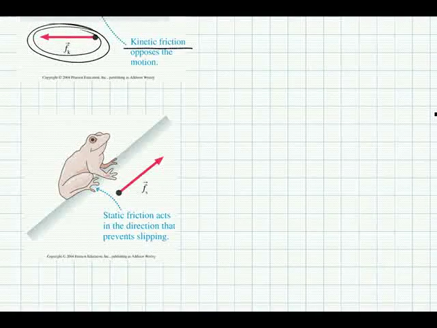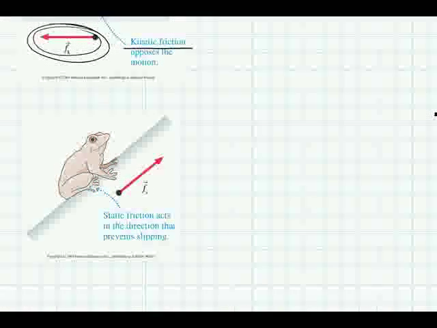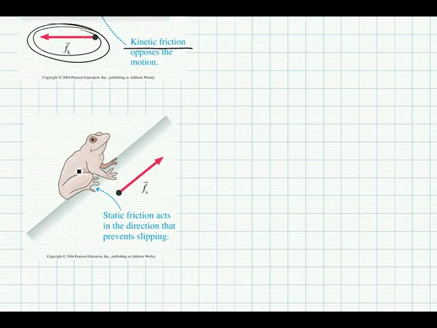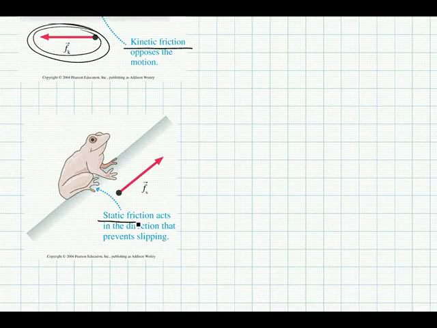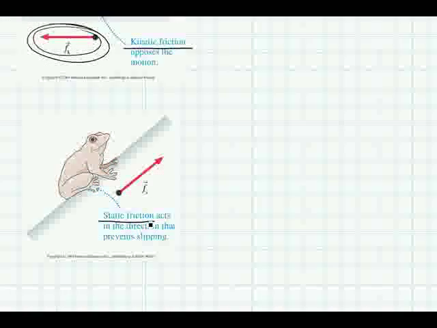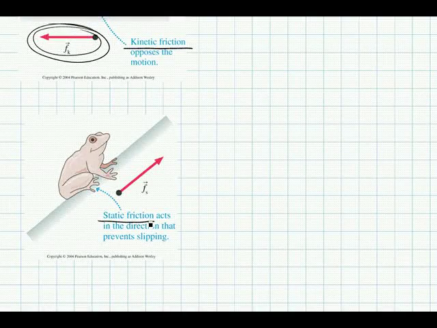If the object is not moving, is stationary, for example here we have the froggy sitting on a slope, what we have is static friction between the object, which is the froggy, and the slope. The static friction is the force that keeps the frog from sliding down.